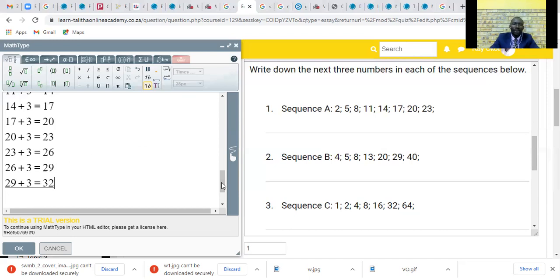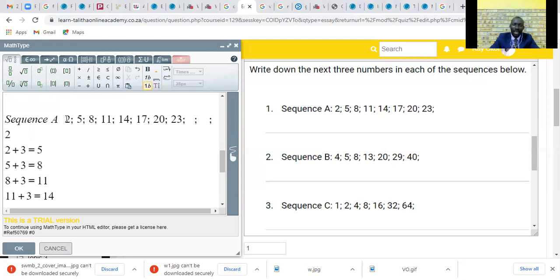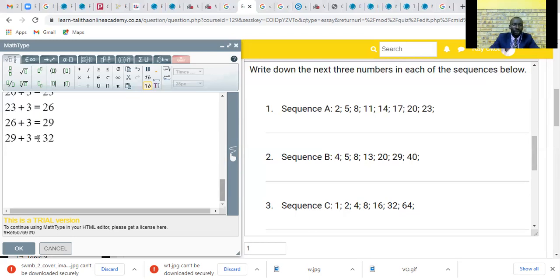So now our new sequence, okay? Sequence A would have a solution of what? Well, right here, it would have a solution of the old number. Then we have onto 23, what do we have? We have 26.